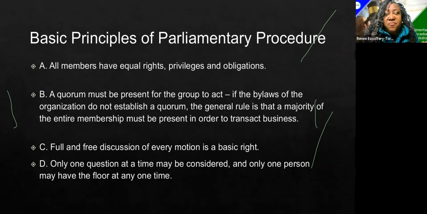It's not half plus one. And I know a lot of people believe that's what a majority is, half plus one. Well, yeah, but that doesn't necessarily mean that the quorum has to be that. So your chapter or your society can establish the minimum number of people needed to conduct business.